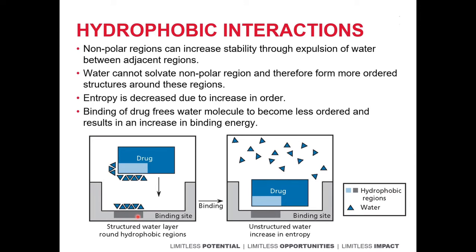Now, this dark grey site in the binding site also represents a hydrophobic region. Now, water cannot solvate non-polar or hydrophobic regions, and therefore it will tend to form a more ordered structure around those regions. So it will form a layer where the water molecules are interacting with each other, which is what is represented by these triangles.